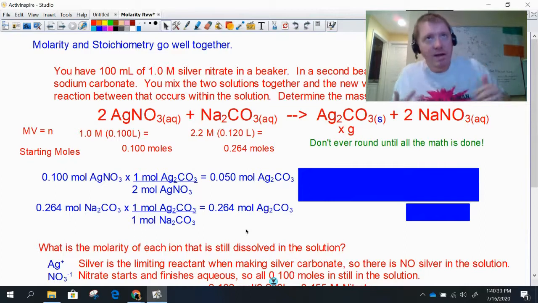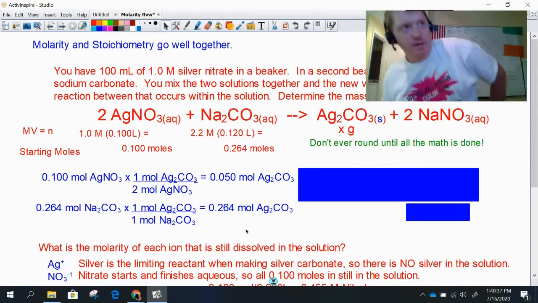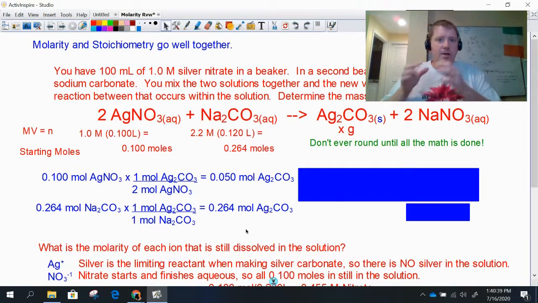So before I go to the next blue block, I want to remind you of a stoichiometry concept you may have forgotten, and that's that oftentimes a reactant limits how far a reaction can go. It limits what can be produced. And we called that one the limiting reactant.